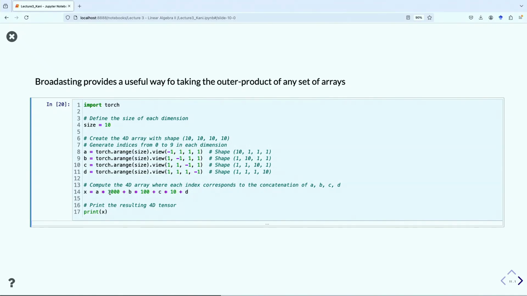And then we just add them all together. So what's it doing? When it's trying to add A and B together, it's saying, okay, A is a 10 by 1 by 1 by 1 tensor, and B is a 1 by 10 by 1 by 1 tensor. So if we add those two together, we're going to get a 10 by 10 by 1 by 1 tensor.